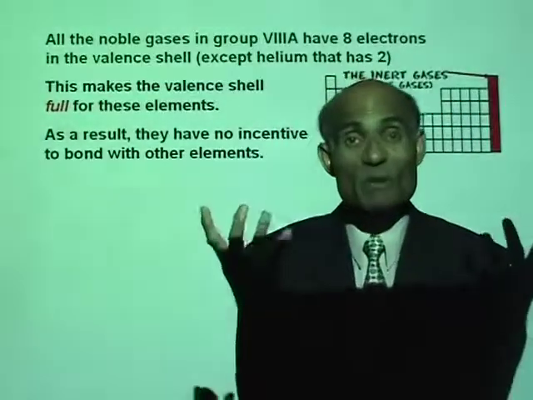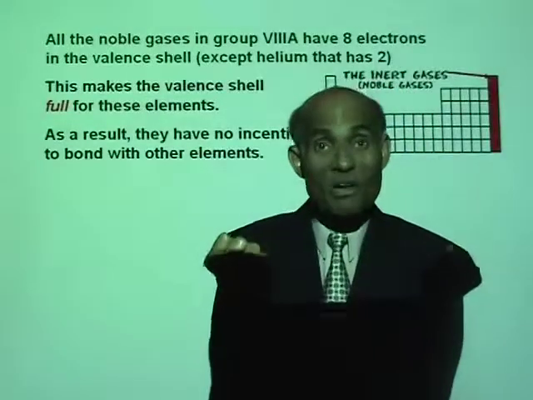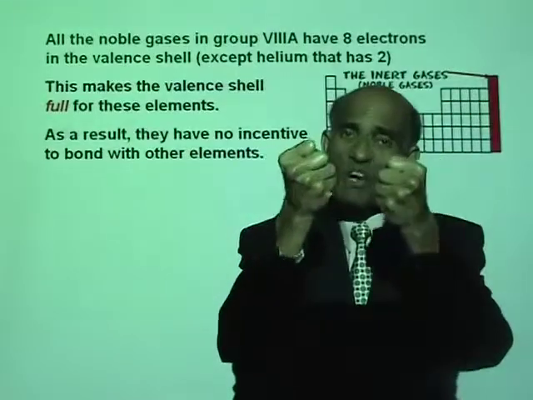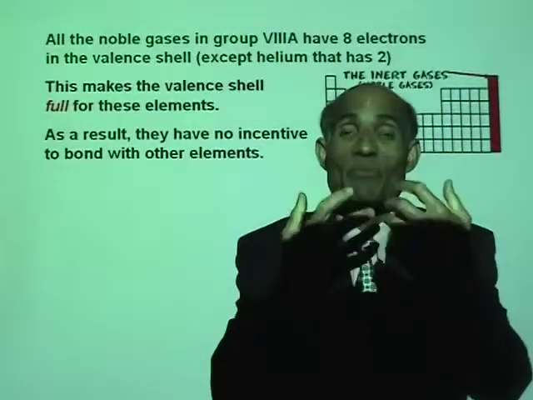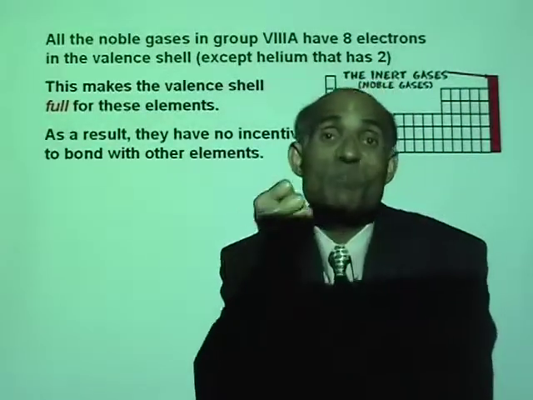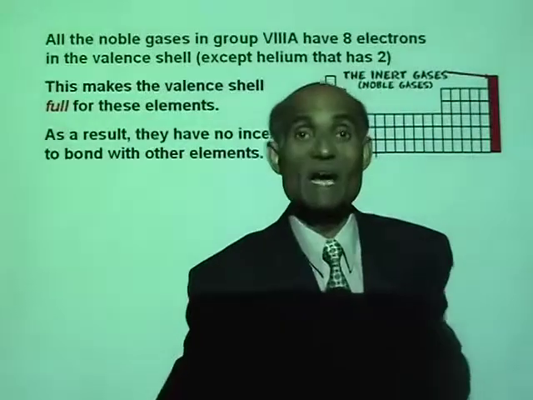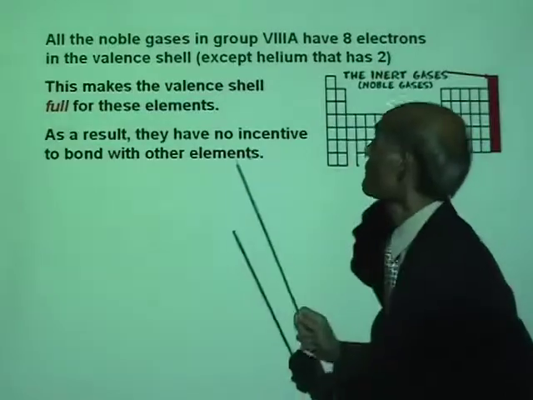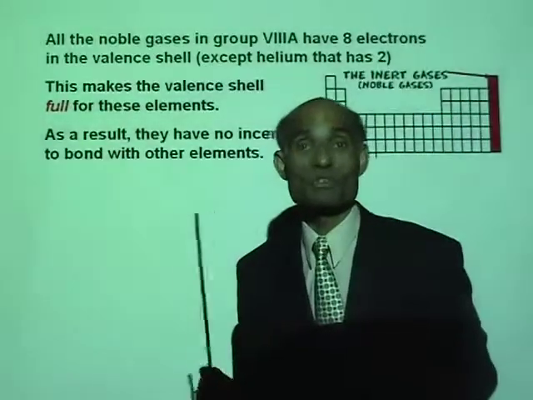You see, chemical reaction is the process by which elements will bond with each other in order that they can make an arrangement between them so that each will have a configuration of 8 electrons in the outer shell.